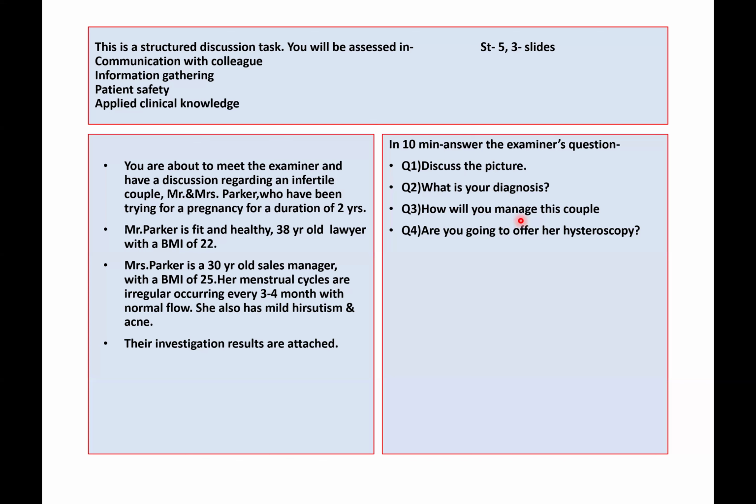After that, if it doesn't work, then laparoscopic ovarian drilling can be done in a patient whose BMI is normal. Her BMI is normal, so it can be given in her case.